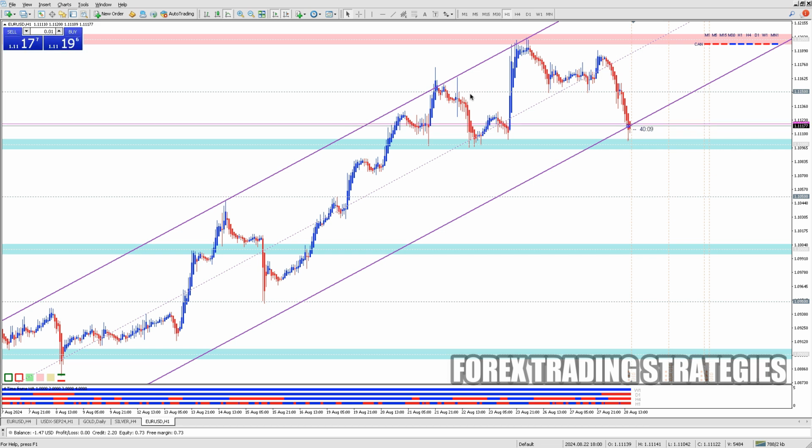Swing trading, you can hold trades for several days, even up to weeks. Then there's position trading, where you can hold positions for several months. I've seen people hold positions for like 10 months.